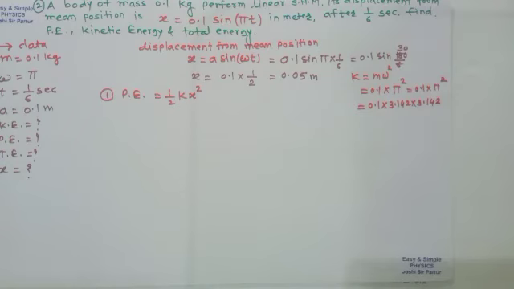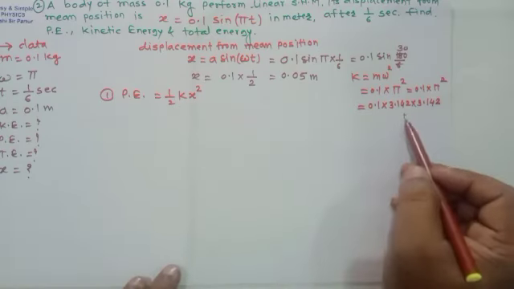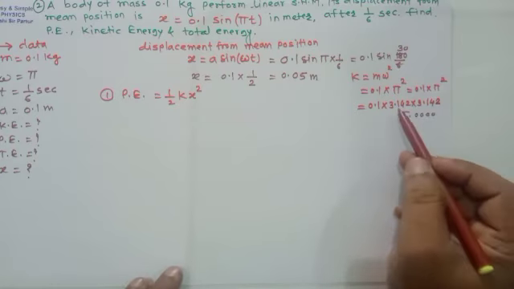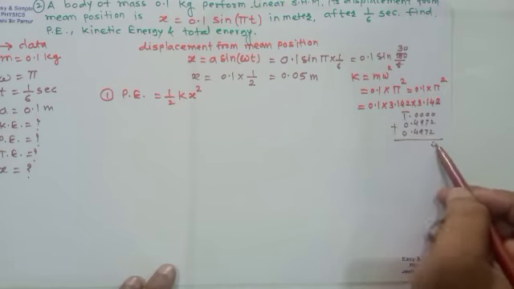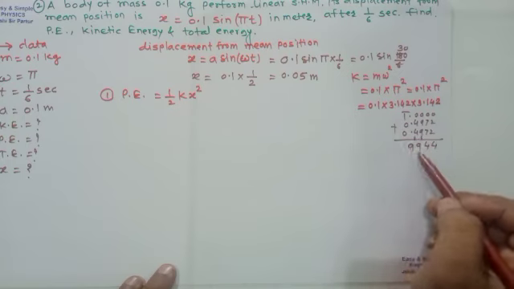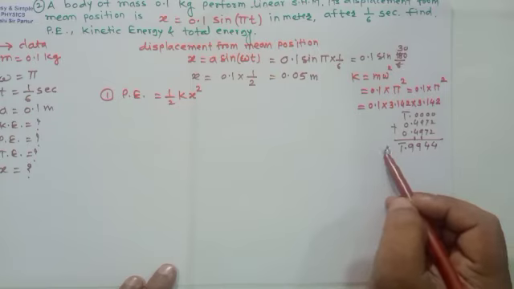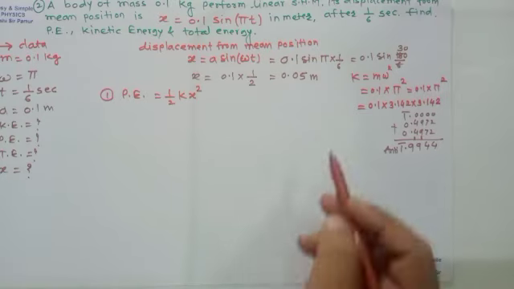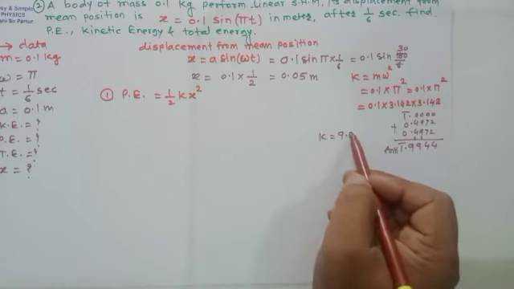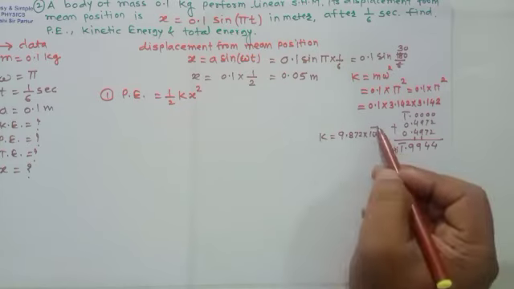Taking the log of 0.1, it is bar 1.0000, and adding the logs, then taking the antilog, we get k equal to 9.872 into 10 to the power minus 1.